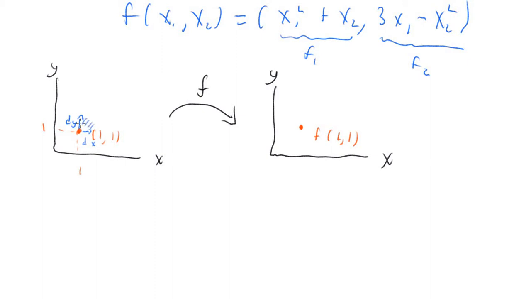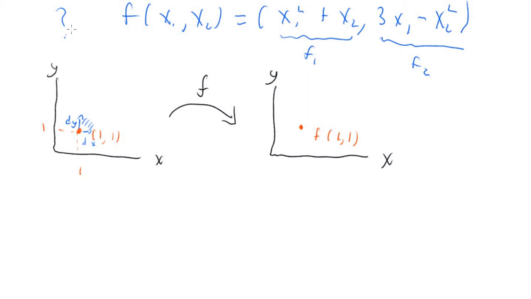So instead of a tiny interval, I have this tiny area adjacent to the point (1, 1), and that's going to get mapped somewhere over here. So how do we take the derivative of this function?